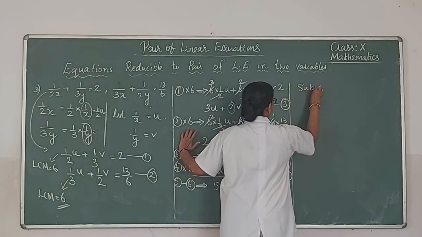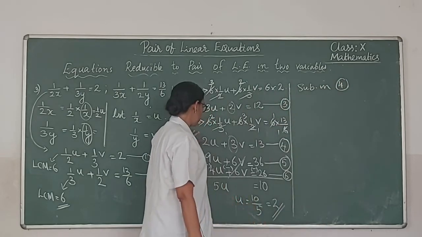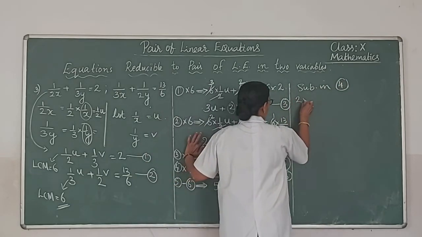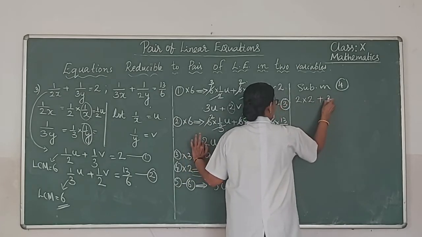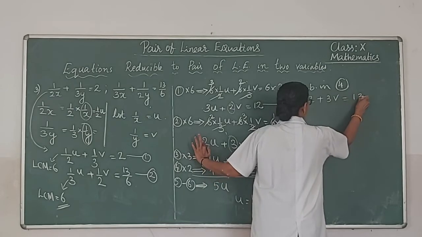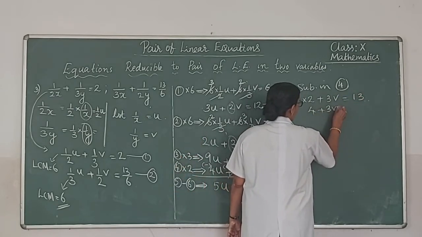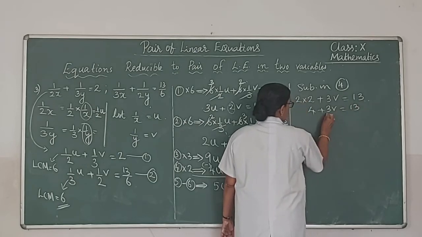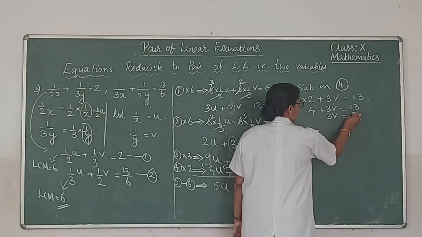Substituting in equation 4: 2 into u means 2 into 2, plus 3v equal to 13. So 4 plus 3v equal to 13. So 3v equal to 13 minus 4, which is 9.